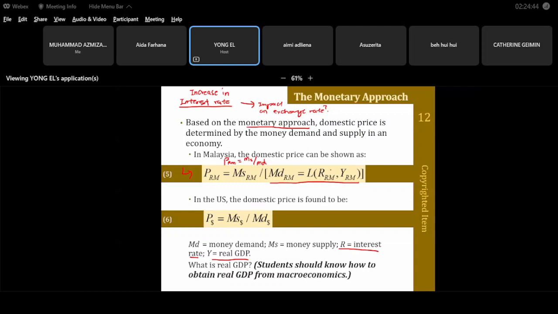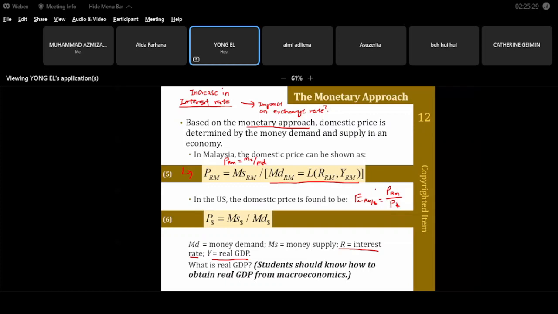Hence, if we say the interest rate increases, we need to know how this will affect money demand. Once we know the effects on money demand, then we know how the local price level will change. Once we know the local price will change, then we can answer the question, the impact on the exchange rate, because the exchange rate between the US dollar and the Malaysian ringgit is equal to this.